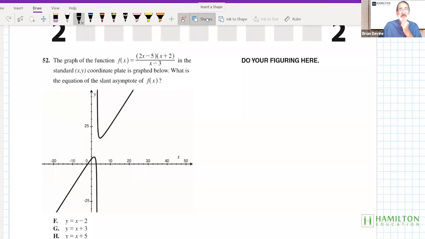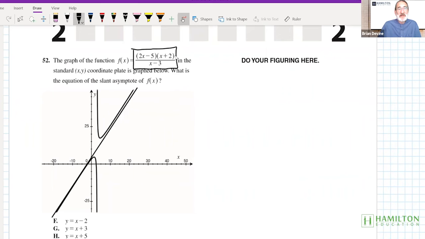The slant asymptote would be this line here that basically defines where this function is going as you go to negative or positive infinity. Well, what I can do is I can just perform this division right here. I can literally make that division.